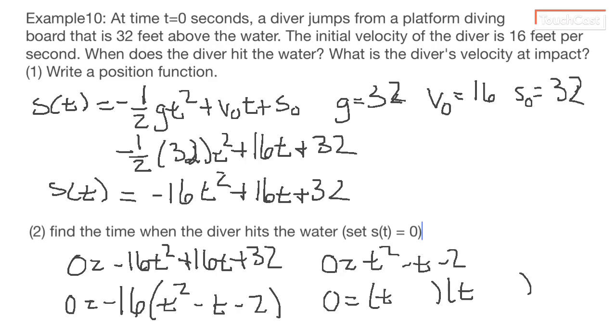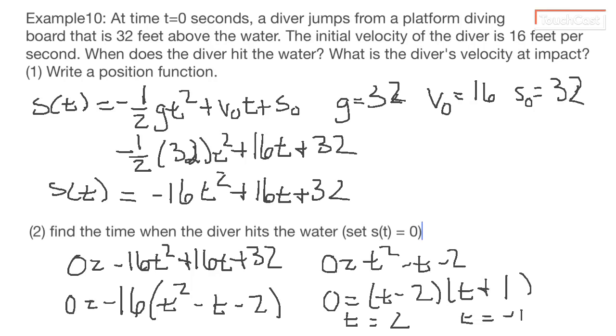So we're going to put a 2 and a 1 in here. And I do know in some way 2 and 1 can add to make negative 1. In fact, I need a negative 2 and a positive 1. And I'm almost done because now I want to figure out what values of t will make it 0. So I solve each factor. So one value of t is going to be 2, the other negative 1.